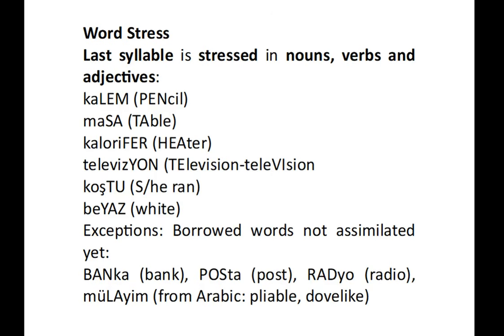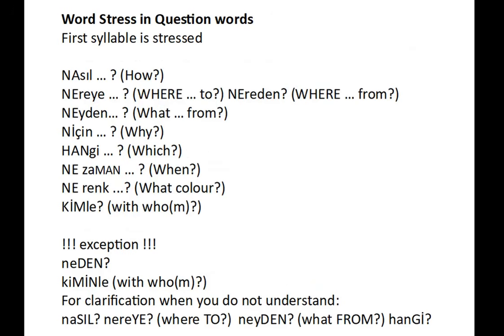Last syllable is stressed in nouns, verbs, and adjectives in Turkish. Kalem, masa, kalorifer, televizyon, koştu, beyaz. Of course, we have some exceptions. These are the borrowed words which are not assimilated yet, like banka, posta, radio, mülayim, from Arabic, which means pliable and dove-like.